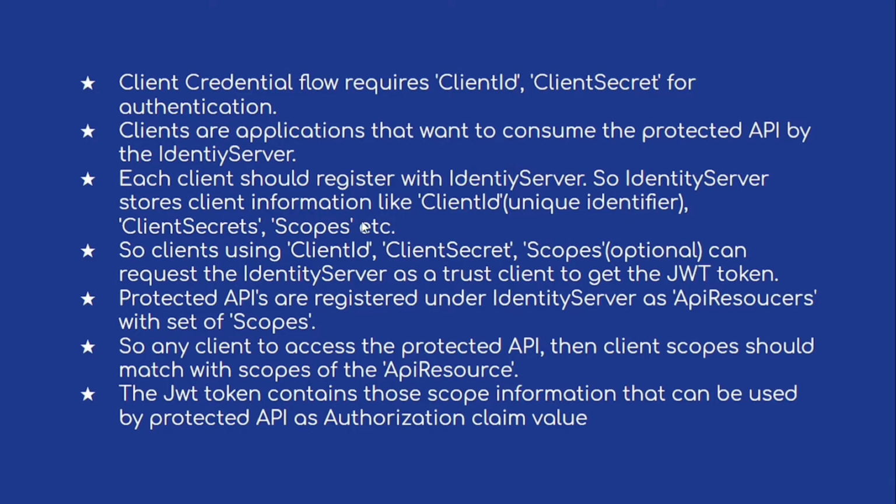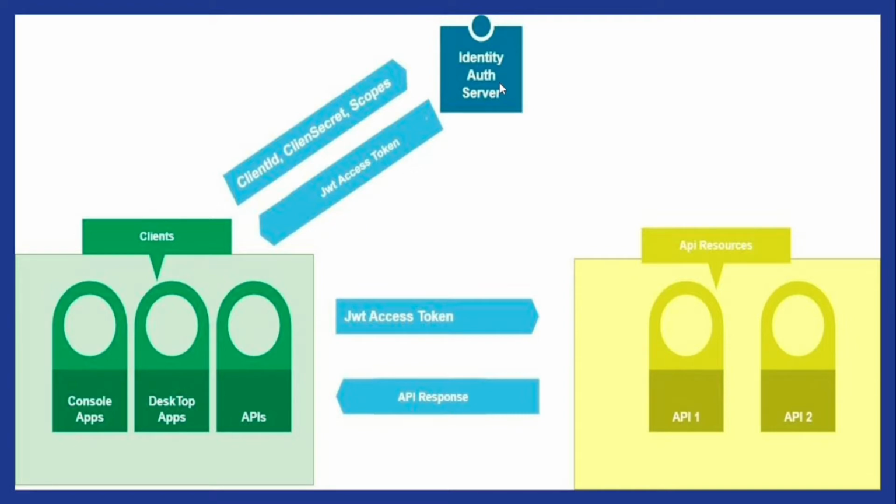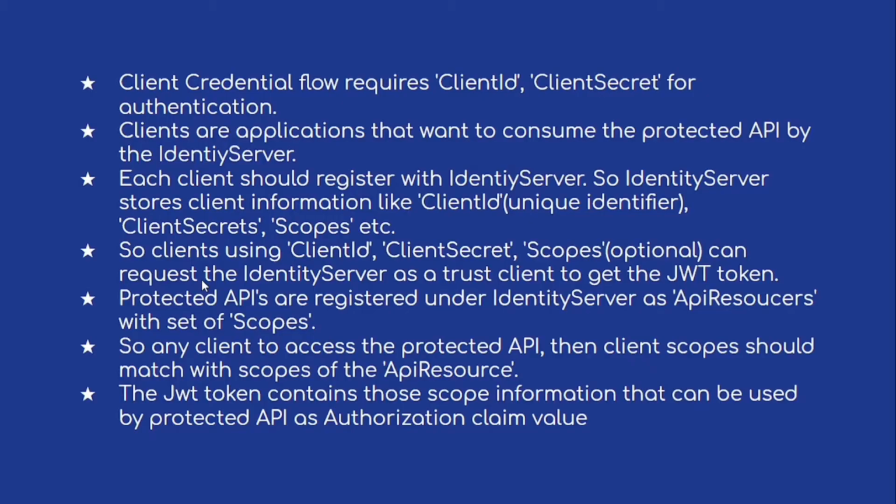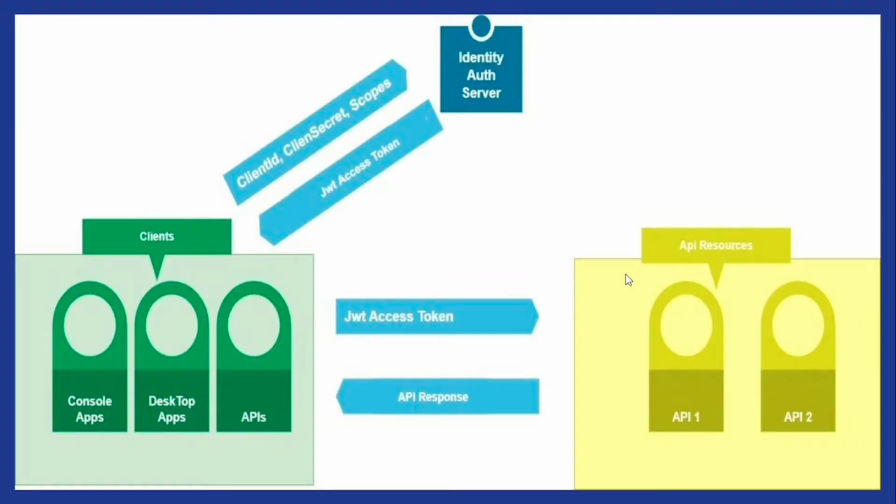Using the client ID and client secret, with scope optional, the client can request the identity server, as a trusted client, to get the JWT token. The client sends its client ID and client secret, and optionally the scope, to the identity server, and requests the secured JWT access token.